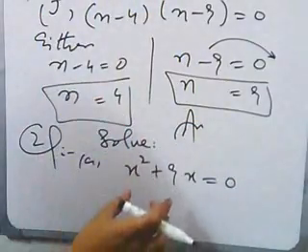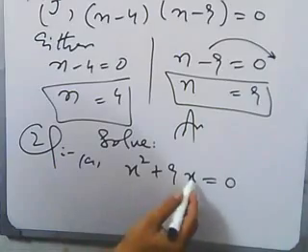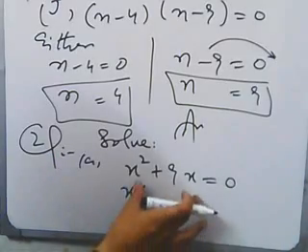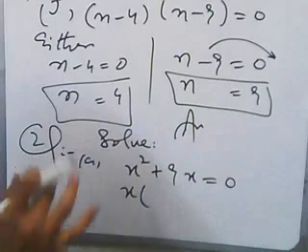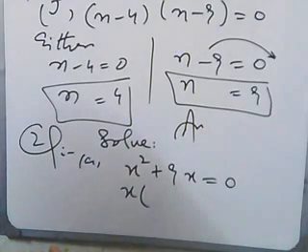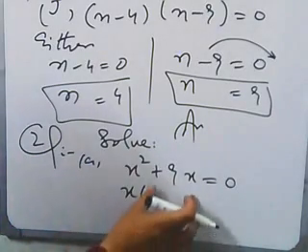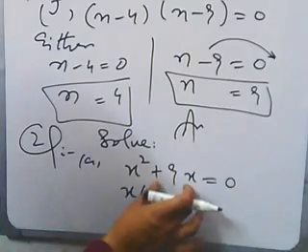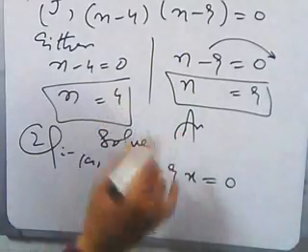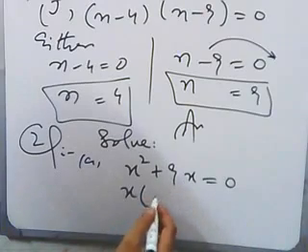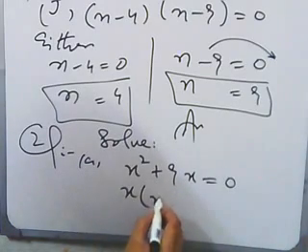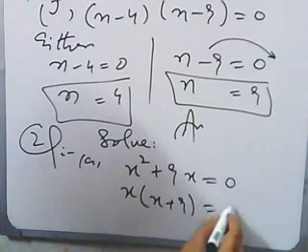In question number 1A part, you see here we have to take the common, because in question number 1 already x had been taken common and we had been given a simple equation. Now we have to take common and make that equation like x plus 9 is equal to 0.